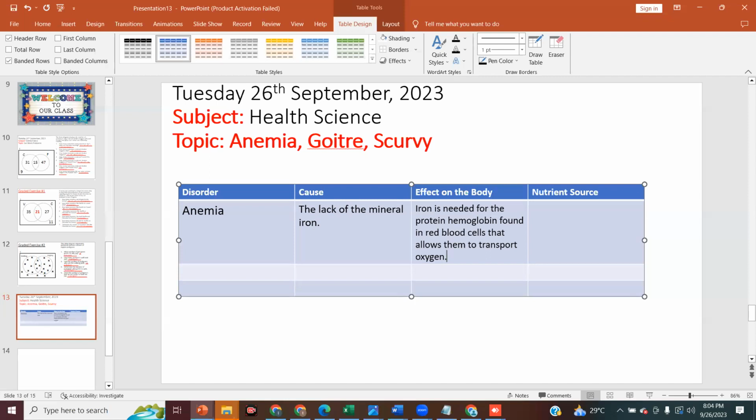So you need iron for hemoglobin, and hemoglobin helps your red blood cells transport oxygen.